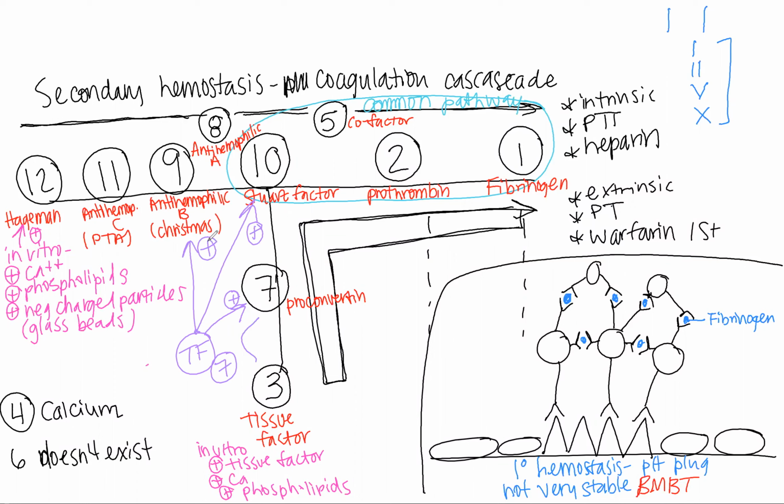Okay, and then when we get to the end here, we're going to look a little bit closer at this. We have prothrombin. When prothrombin is activated, it becomes thrombin. And then the presence of thrombin stimulates fibrinogen to become fibrin.